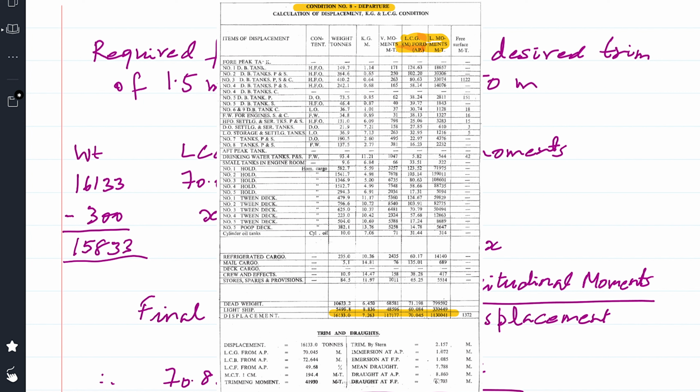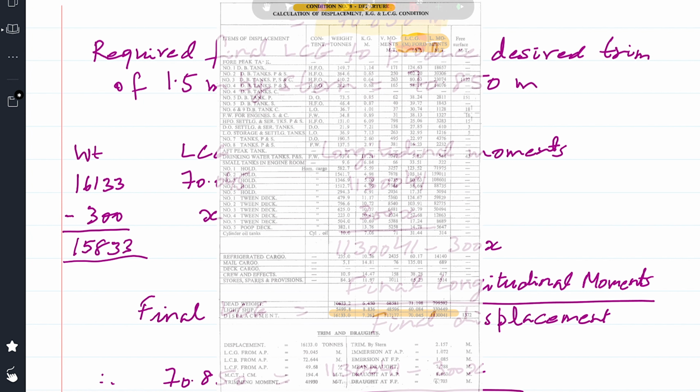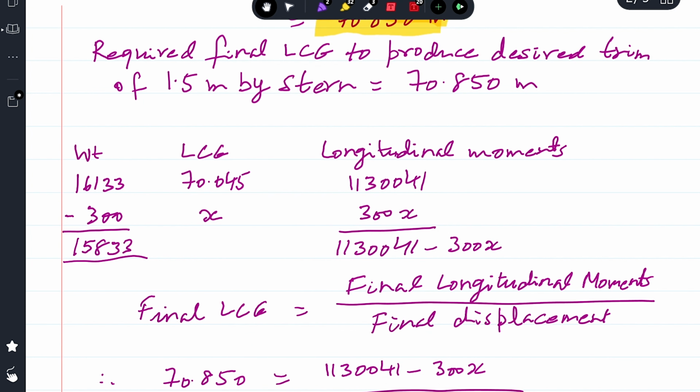LCG for the initial condition is 70.045. Longitudinal moment given here is 113.0041, and initial displacement is 16133. So I insert that here: initial displacement 16133, LCG 70.045, longitudinal moment 113.0041, straight from condition number 8.